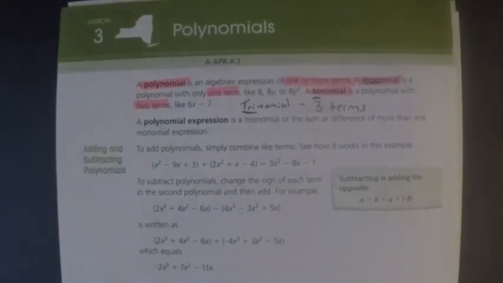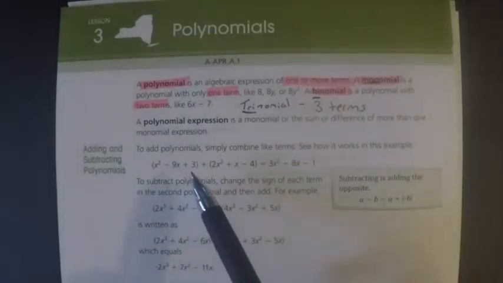So keep reading here. It says a polynomial expression is a monomial or the sum or difference of more than one monomial expression. So to add polynomials, we simply combine like terms and see how it works in this example here. They're adding the 2 polynomials. The first one in our parentheses is x squared minus 9x plus 3.